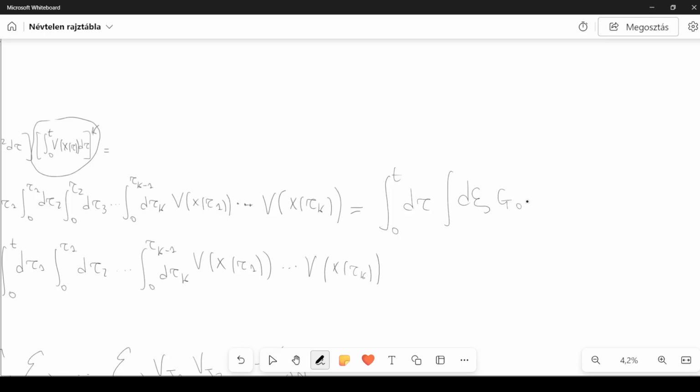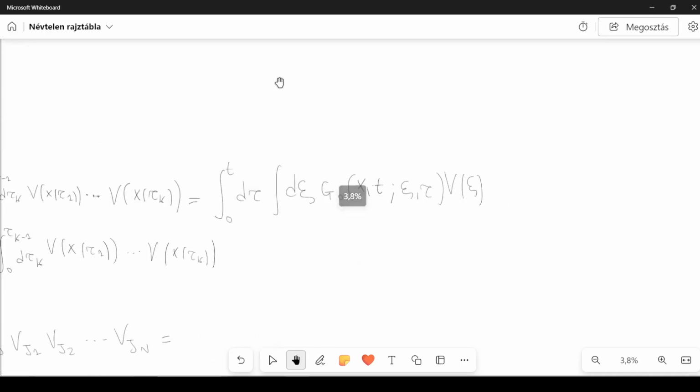Then you have g0 xt xi tau. Here you have v of xi, but now you have to be a little careful because instead of g0 as we did earlier, we have g sub k minus 1 of xi tau y0.